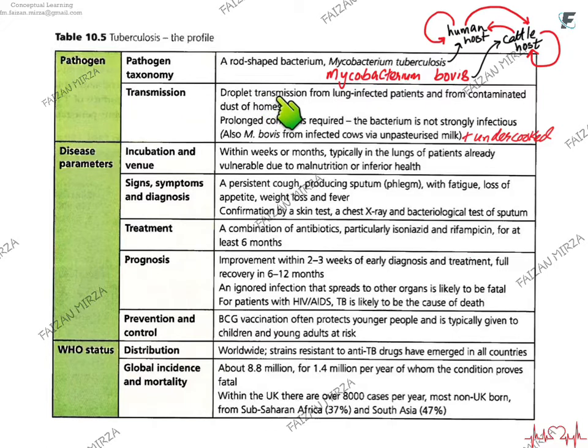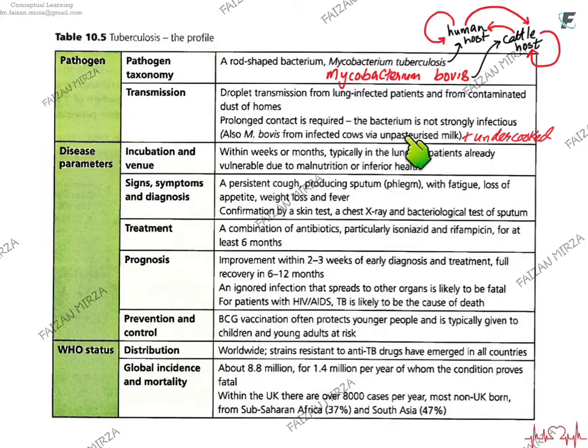Transmission is normally by droplet transmission from the lungs of an infected person or from the dust of their homes. Prolonged contact is required for the bacteria to go into the body. Normally this bacteria is not very infectious, so that's why it takes years for the TB to settle and become active.